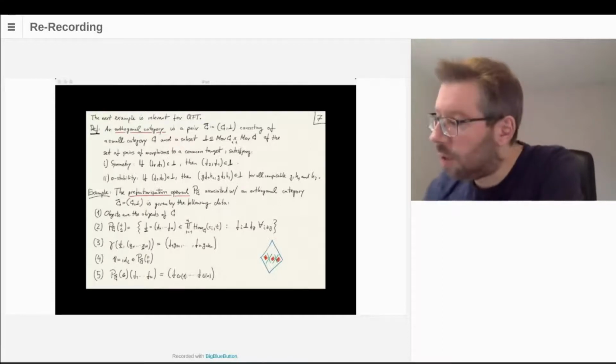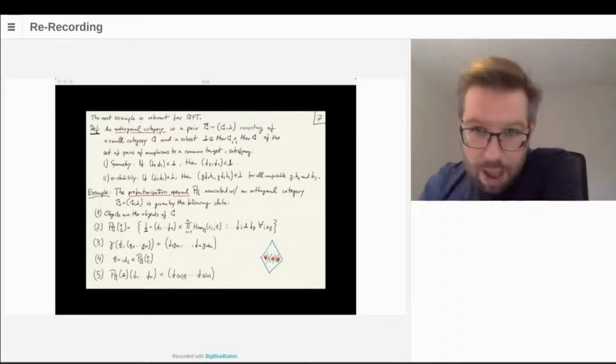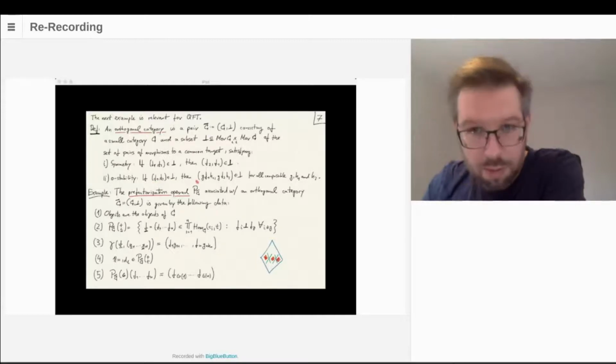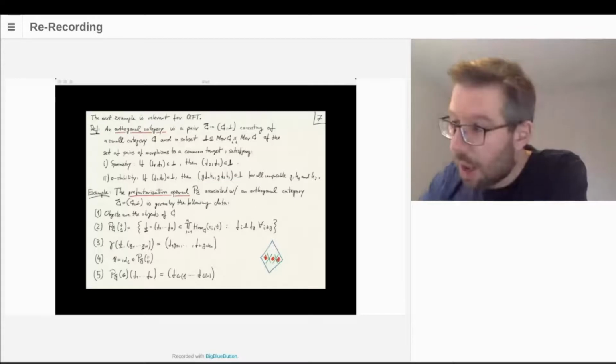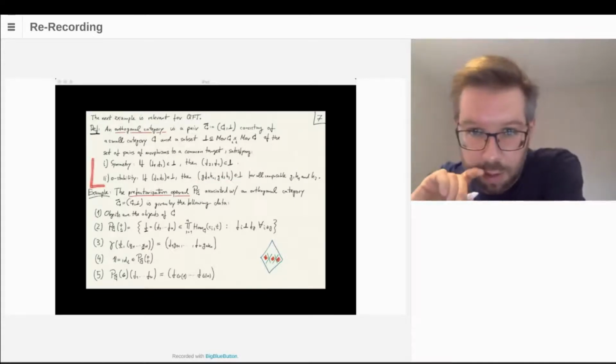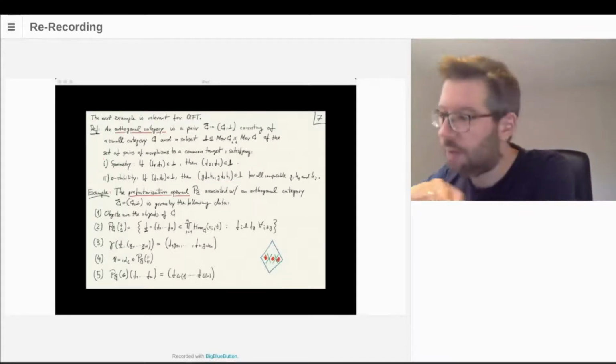So if you have an element in perp, then all possible compositions you can do of this form are again in perp. And these conditions are, of course, satisfied for Lorentzian causal disjointness.